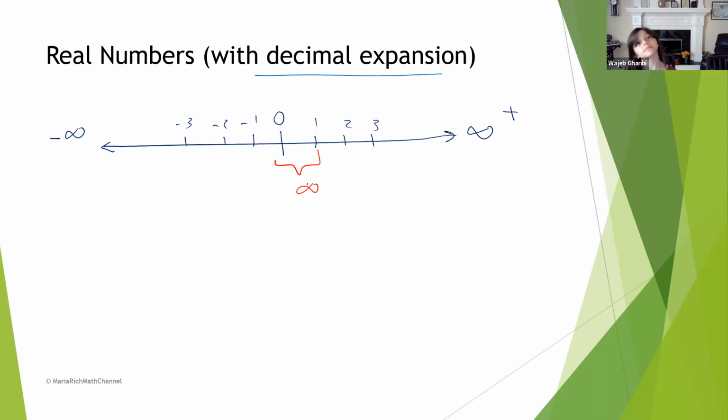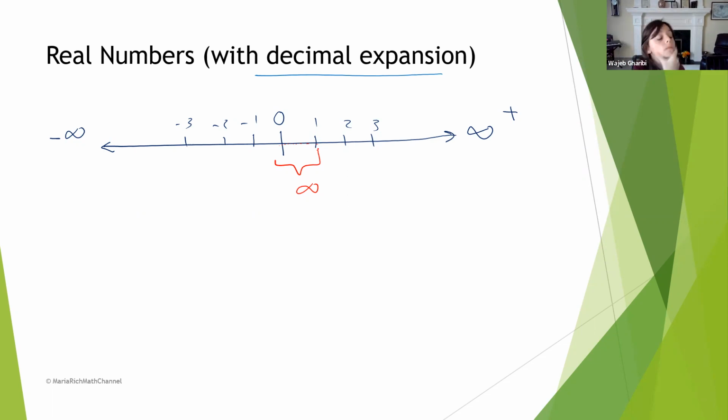Because there are infinitely many, uncountable, points here. Every point on this real line represents a real number, and vice versa. Any real number can be represented as a dot.